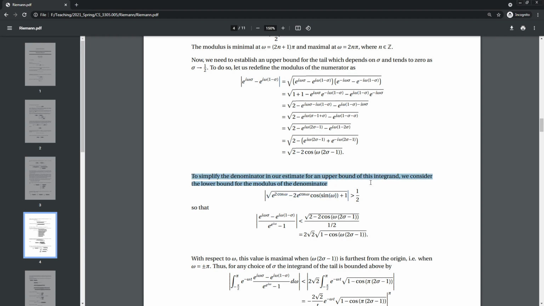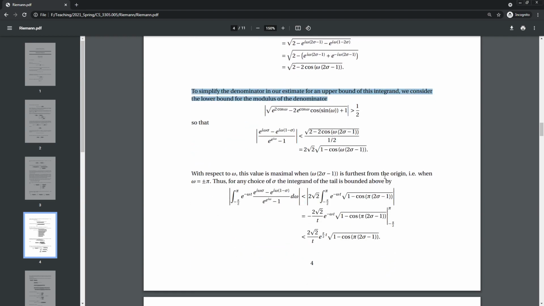Okay, so to simplify the denominator in our estimate, we're going to look at the extreme values. We're going to look at a lower bound and an upper bound. Right? So we consider the lower bound of the modulus of the denominator whenever we're looking at the tail, because we want it to divide by the smallest possible value so as to maximize the potential value of the tail.